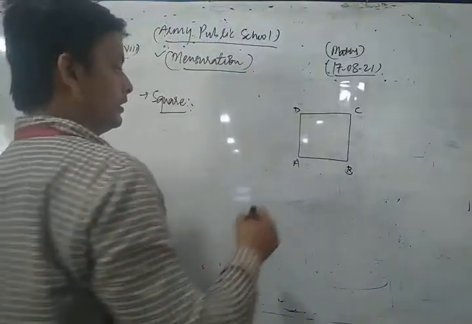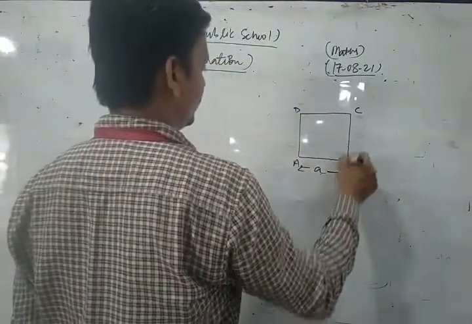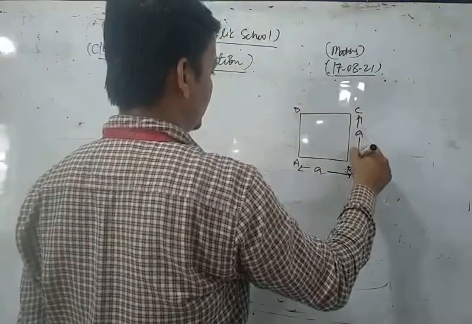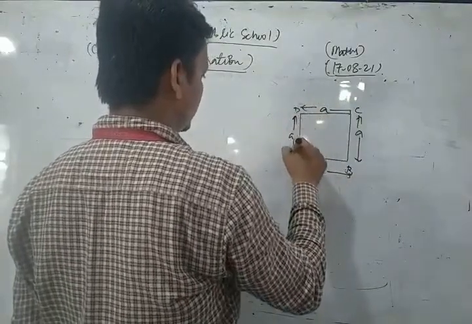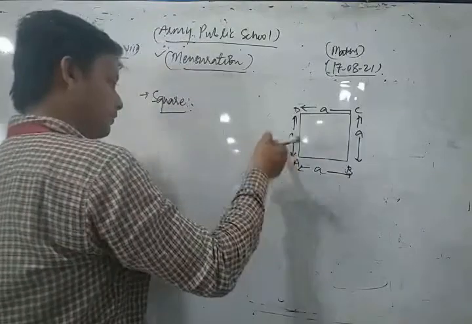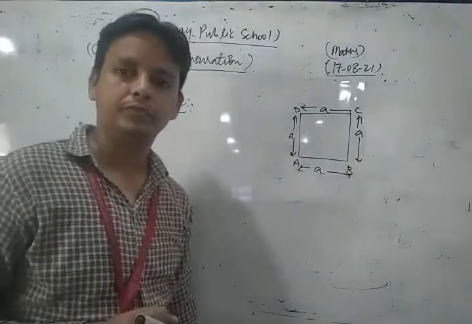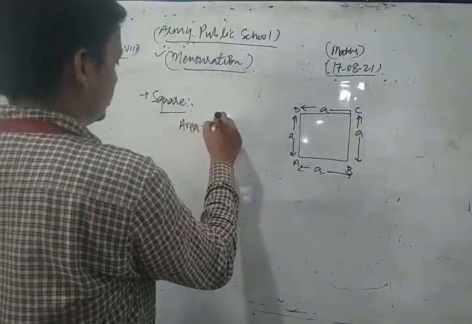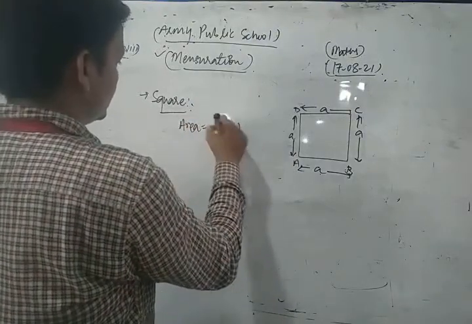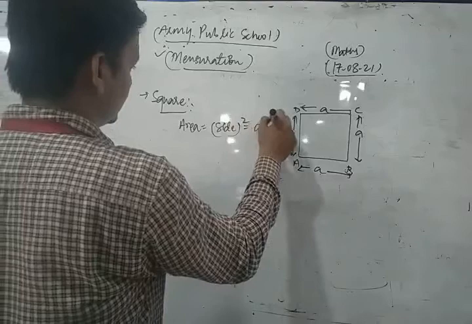Let A be the each side of the square. Then its area is equal to side square, this is A square.